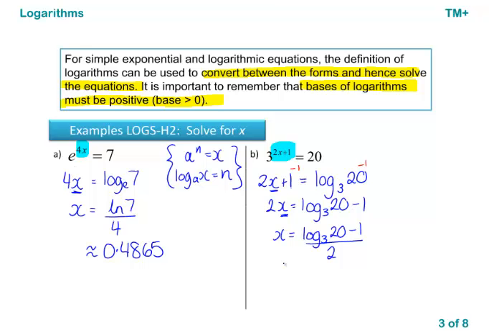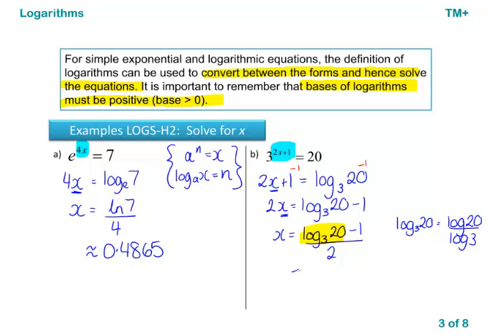Now if I want to evaluate this, I need to rearrange log 3 of 20 so I can evaluate it on my calculator. Log 3 of 20 can be written as log of 20 over log of 3.